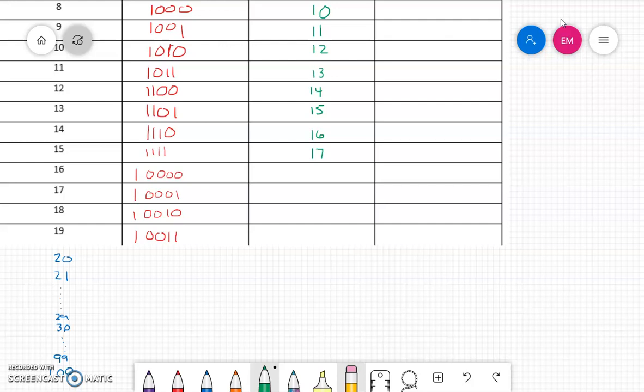Because again, you have to remember, we've used a 0. That's our first cipher. So there's 1, 2, 3, 4, 5, 6, 7, 8 ciphers used. So we're going to reset our cipher. You have to increment this by 1, and there is the equivalent to 16 in the octal system.